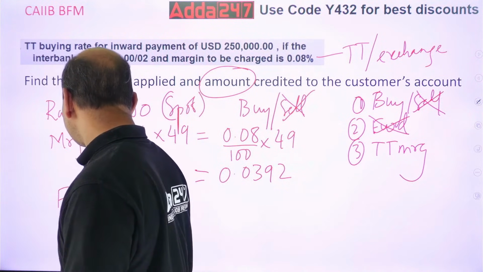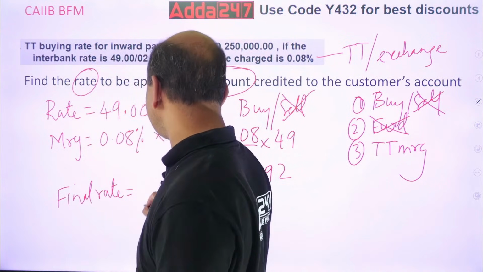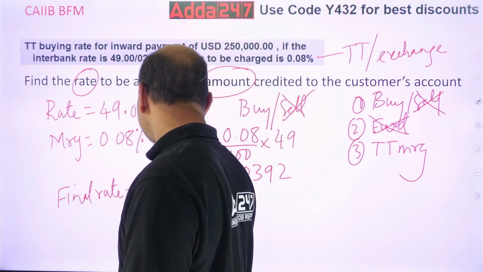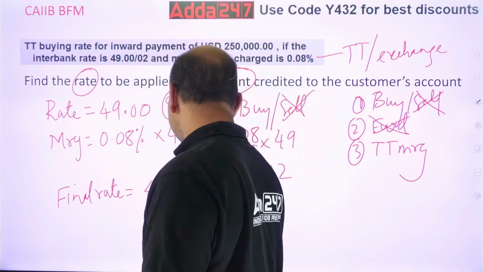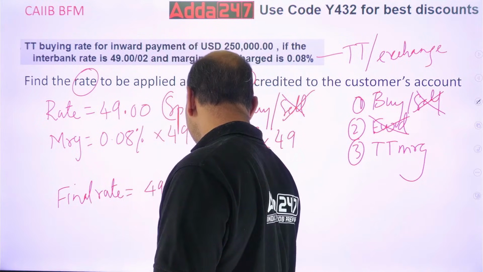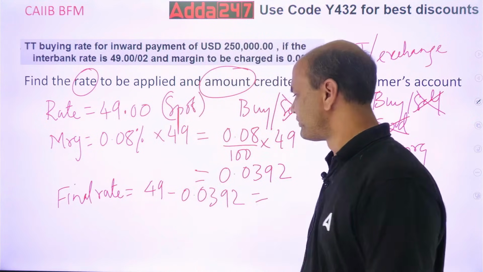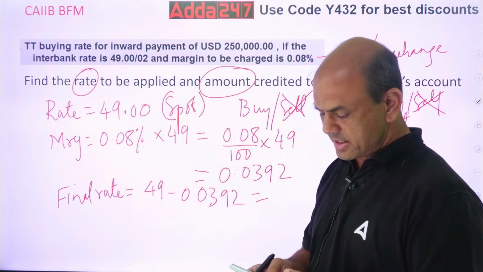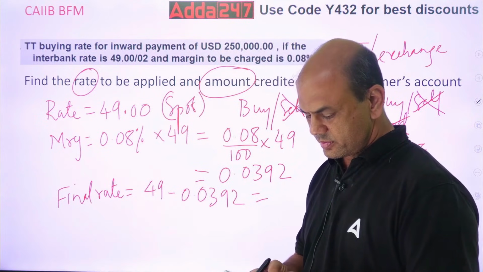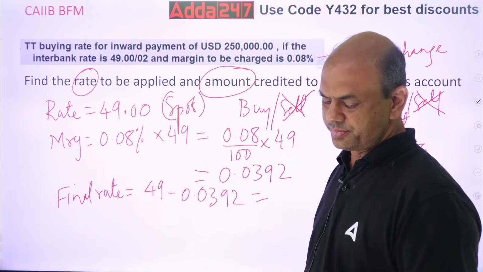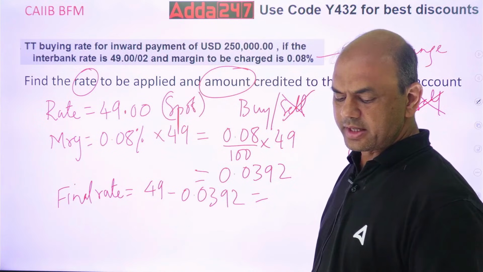So final rate equals, what was it? 49 minus 0.0392. Do this. So 49 minus 0.0392 is 48.9608.